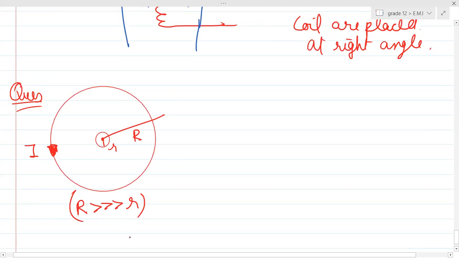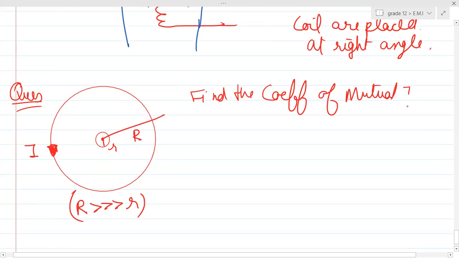So a small coil of radius small r is placed at the center of another coaxial coil of radius capital R, where capital R is much greater than small r. Now the question is, find the coefficient of mutual induction for the pair of coils.